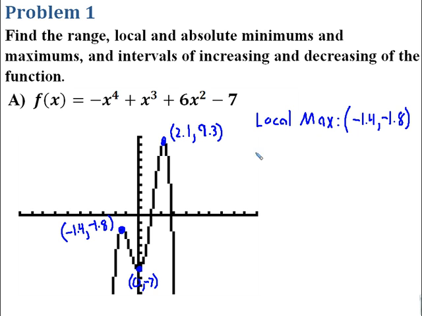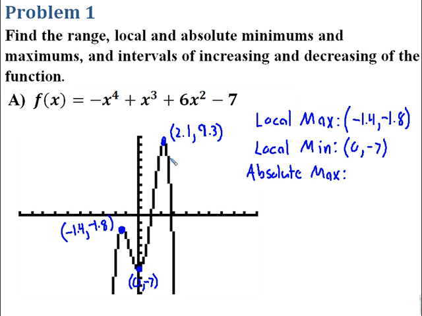In the middle, we have a local min at 0, negative 7. Then on the far right, we have an absolute max. Okay, absolute because there's no part of this graph that goes above this point. So we'd say absolute max at 2.1, comma, 9.3.